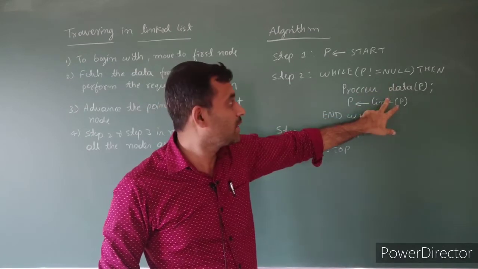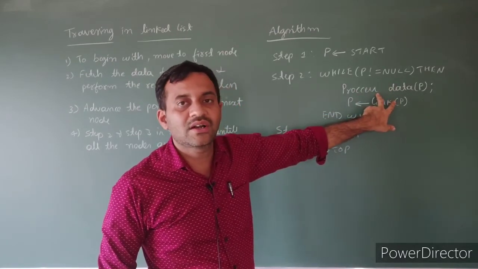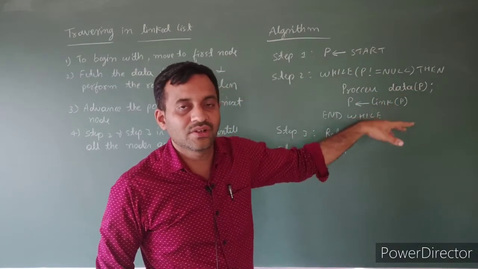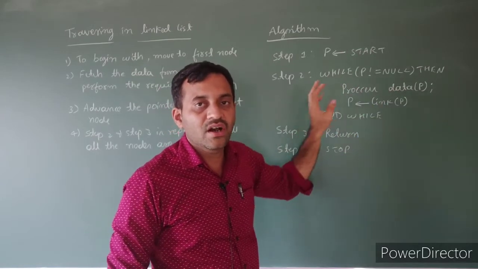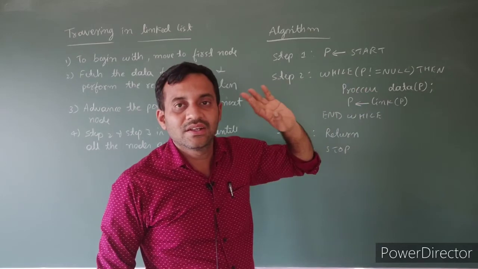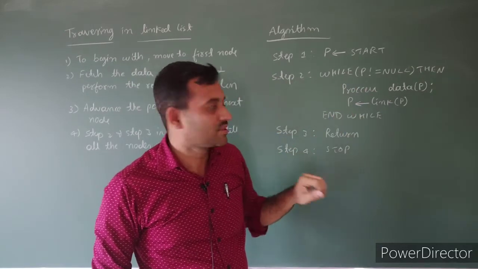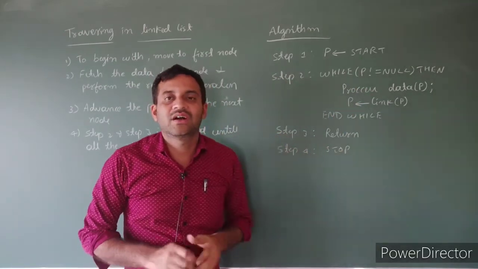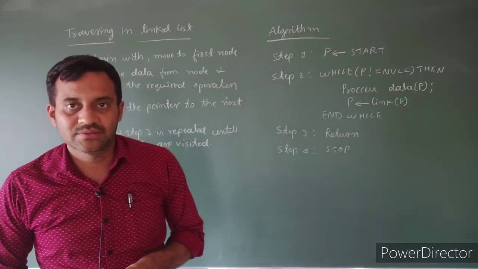If it is not null, process the data part and move on to the next node. Like this, we access all the nodes. When it reaches the null pointer, that is the end of the linked list. So stop. This is the algorithm for traversal.